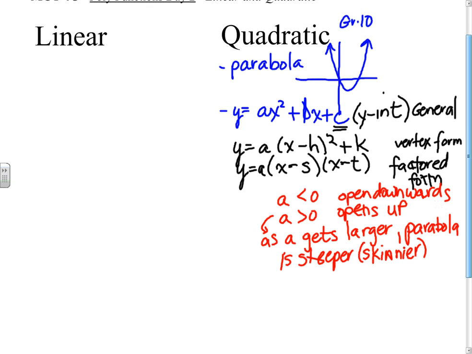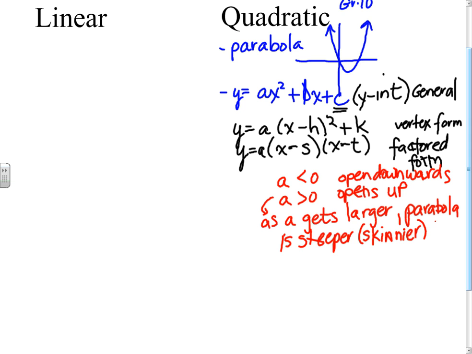Skinnier is not a very mathematical word, but we know what we're talking about. It would open like that if you had a 10 at the front, for instance.